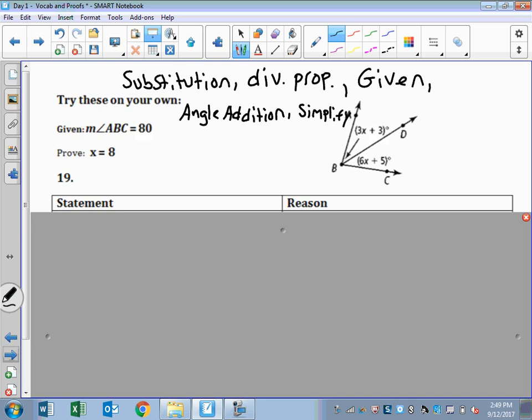And then finally, subtraction property. So these are going to be the 6 reasons for number 19.